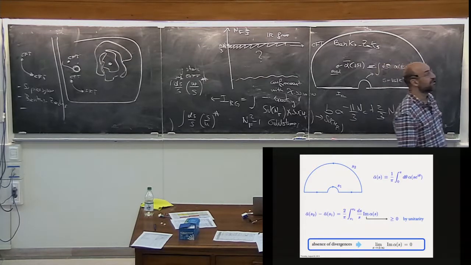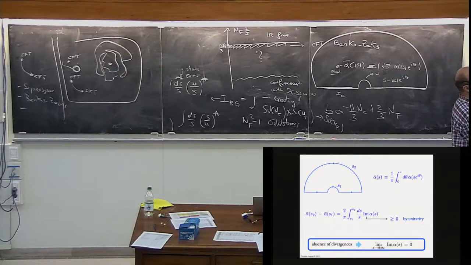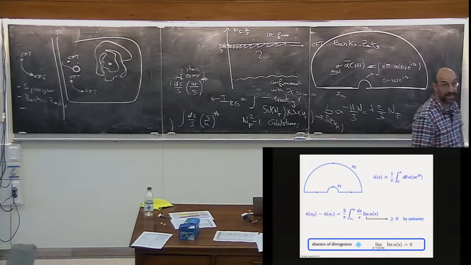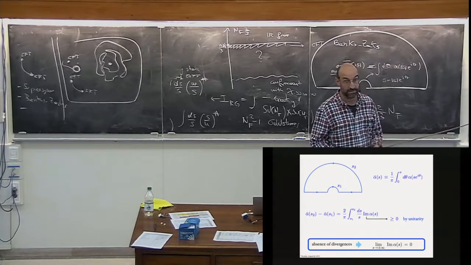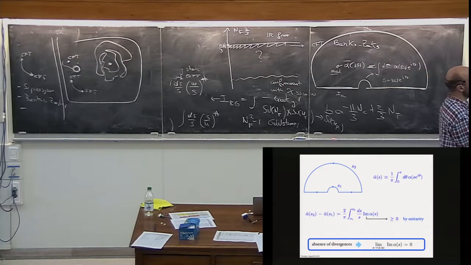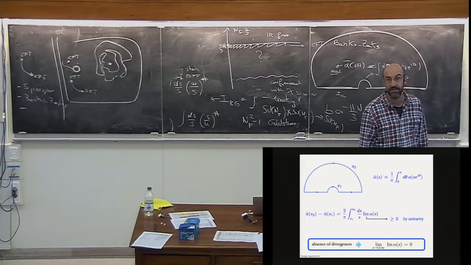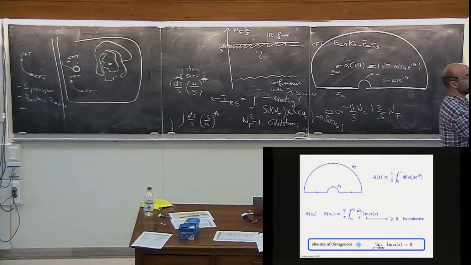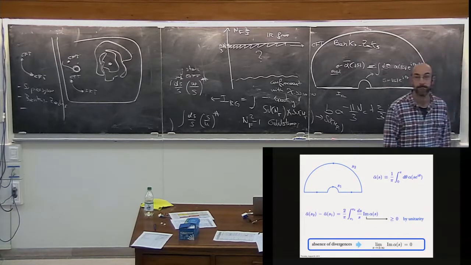Okay, so it's the integral in d log of a positive quantity, because by unitarity the imaginary part of the amplitude is positive. So I have that the difference between the value of this quantity, which is a finite quantity at two different energy scales, is an integral of a positive function.